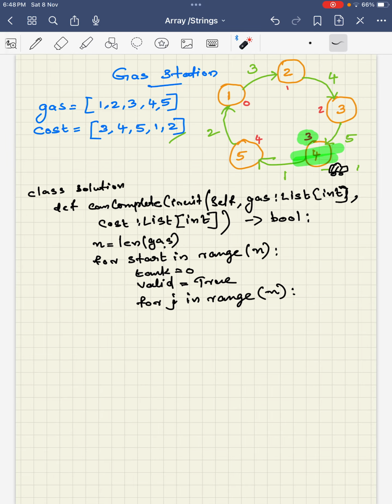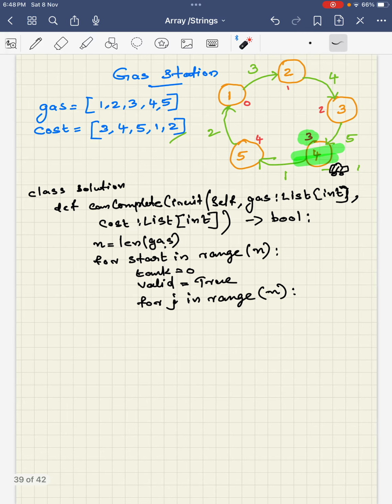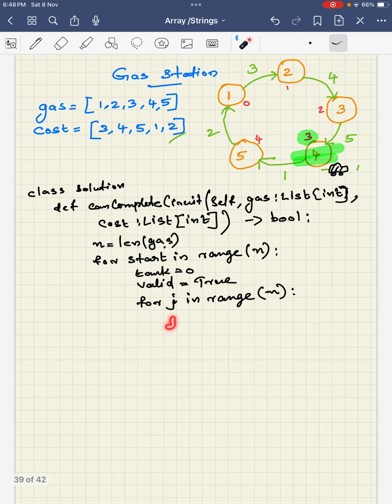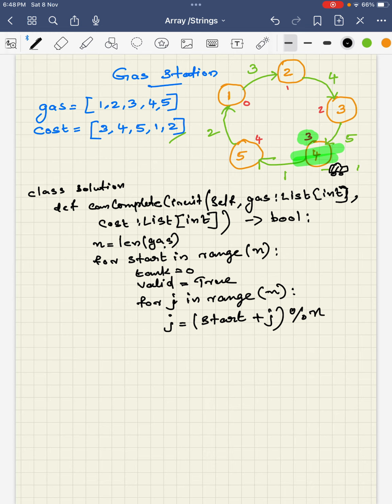So in order to avoid that overflow, j should be chosen in such a way that it is (start plus j) modulus of n.